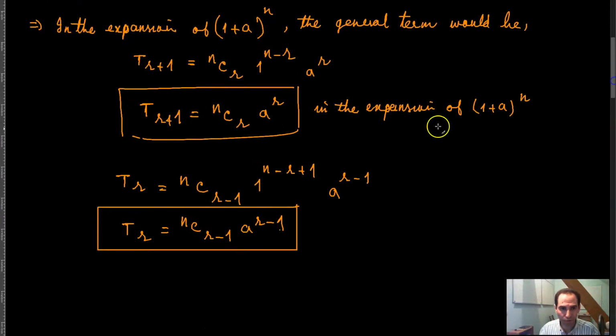And so from this, if I go one term forward, I will get T of r plus 2.